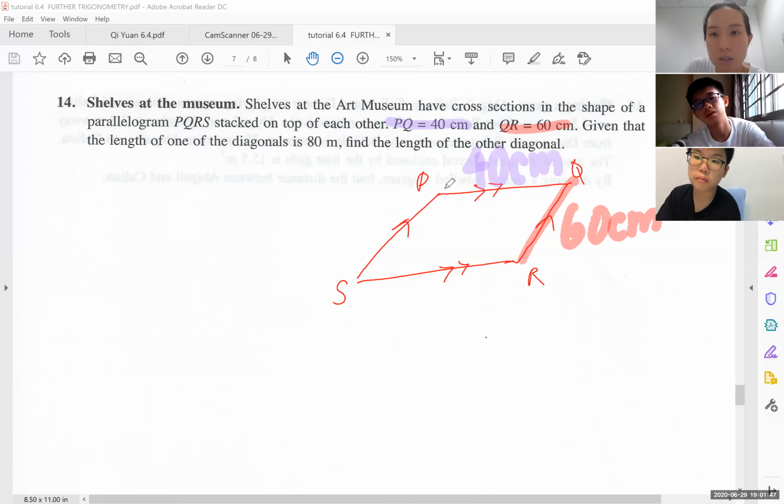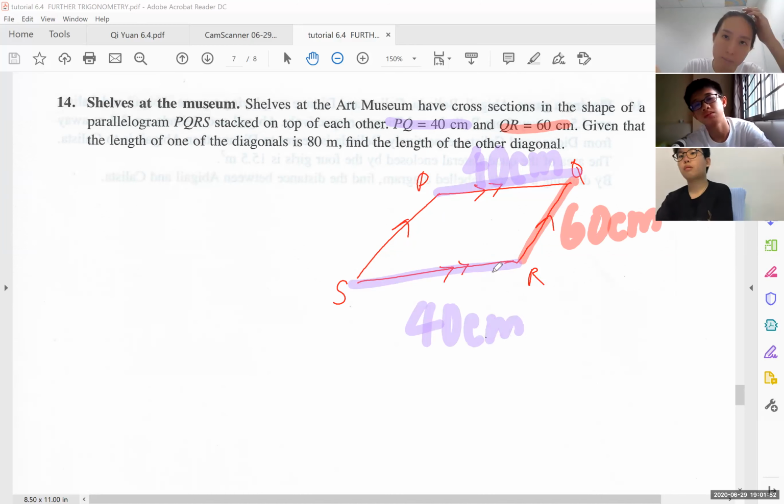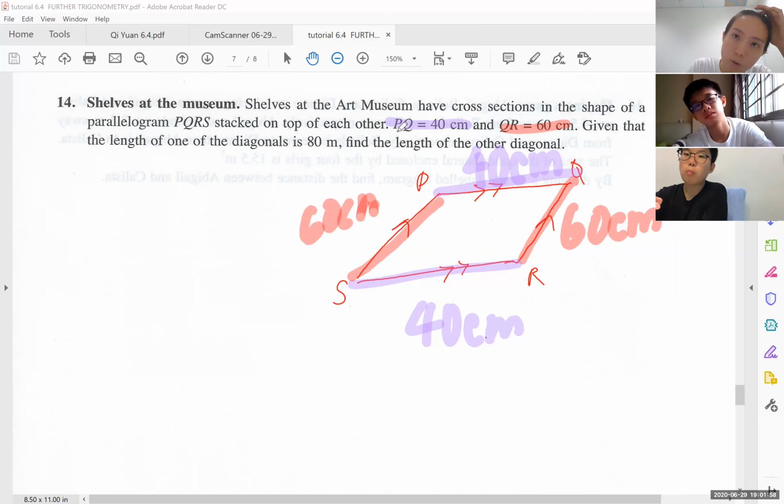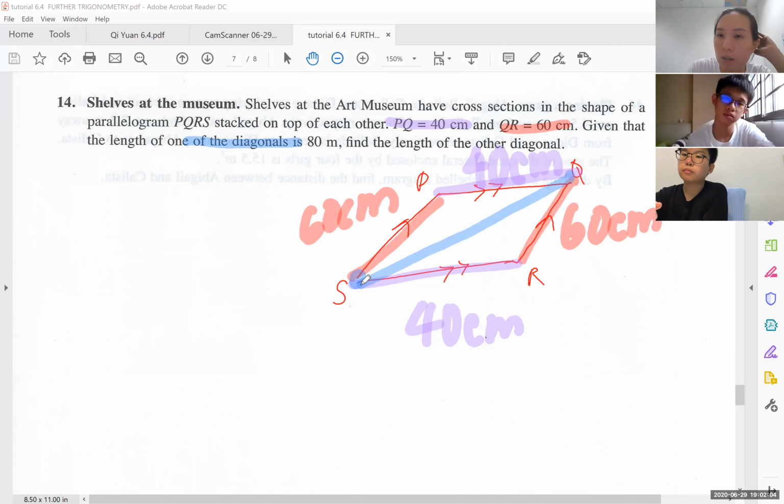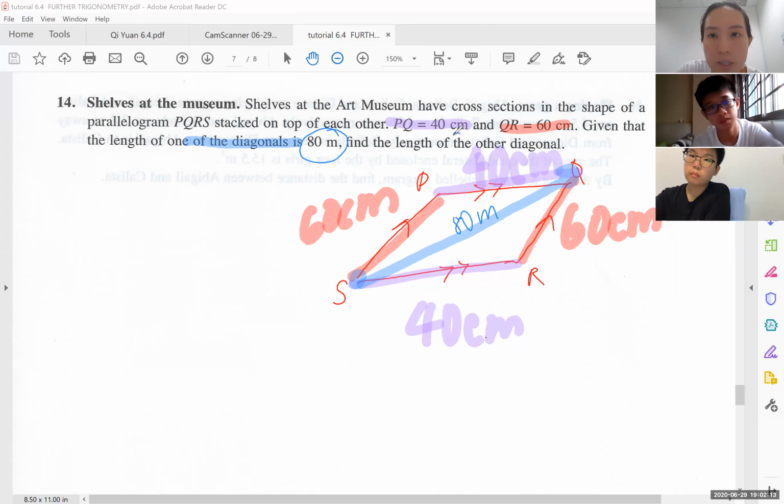No. But it's okay, it doesn't matter, because here is also 40 cm and here is 60 cm. So if I don't know which is the diagonal, it means here's the diagonal. Diagonal means from one corner to another corner. Understand? So if they say this is 80 meters, oh wait, be careful, these are all in cm.